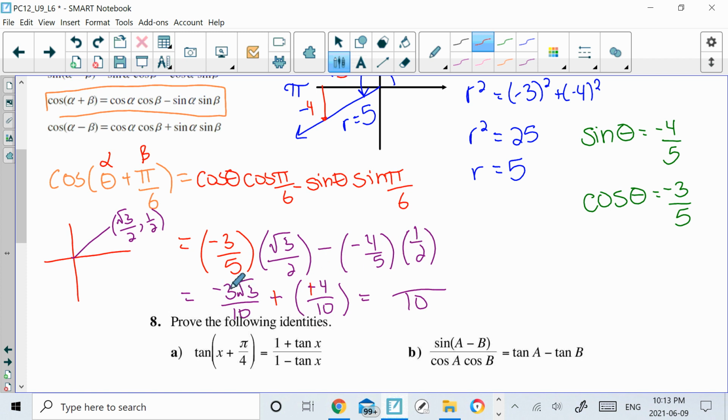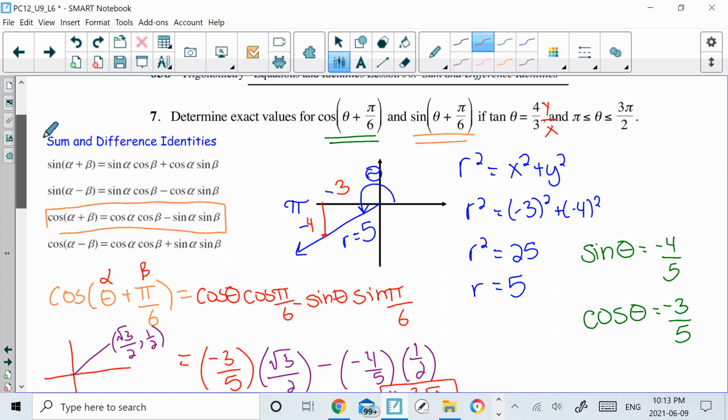I could write it as -3√3 plus 4. The book has it as 4 minus 3√3. That's how the book has it written. But again, -3√3 plus 4 gives you the exact same answer. So there are two solutions because they want us to evaluate two different sum identities. That was the first identity that we evaluated.